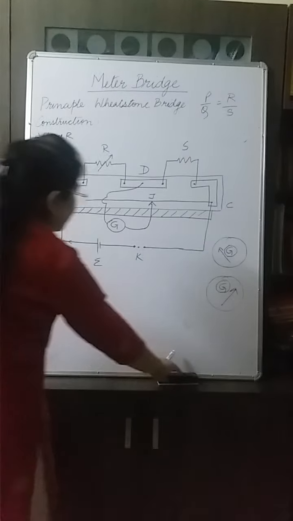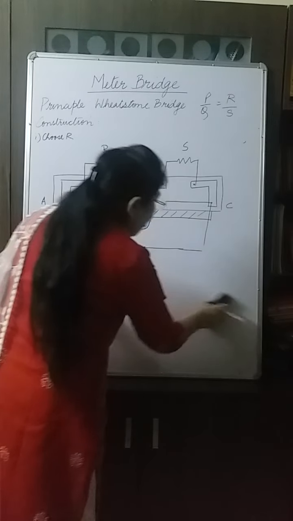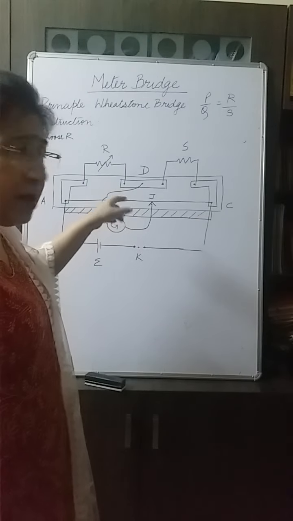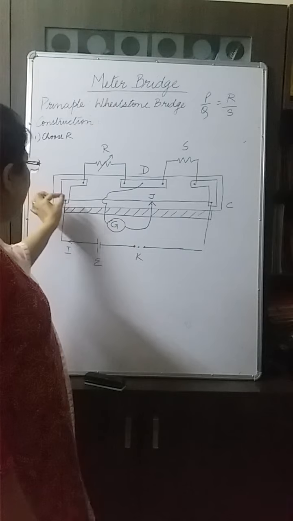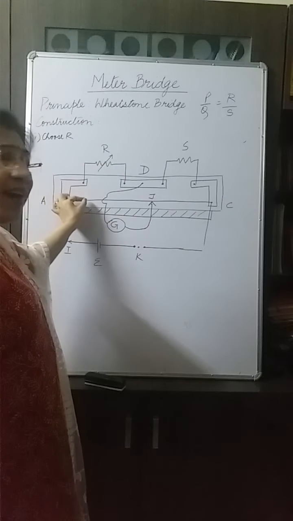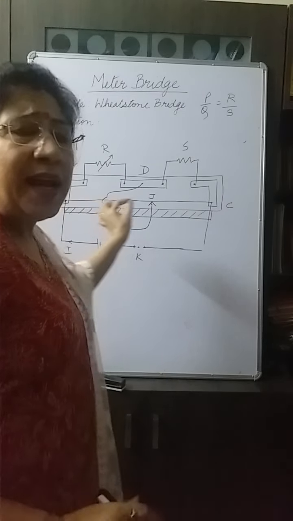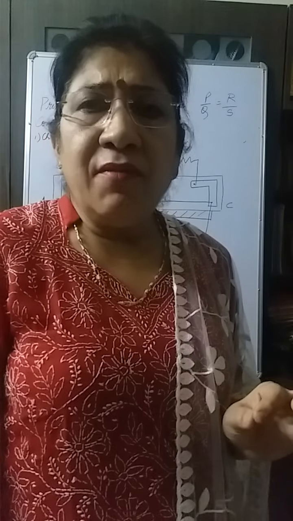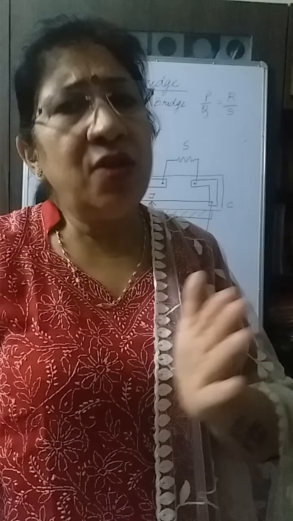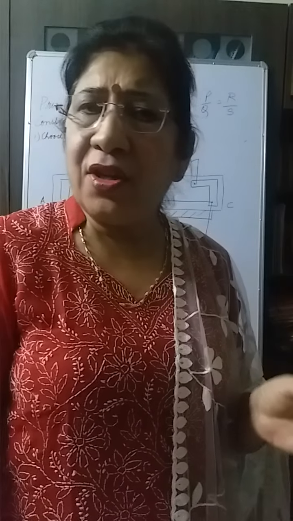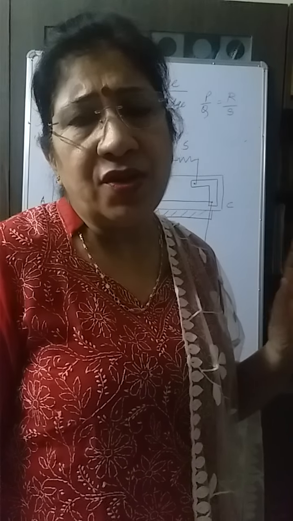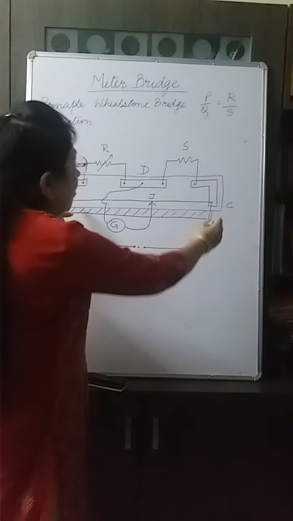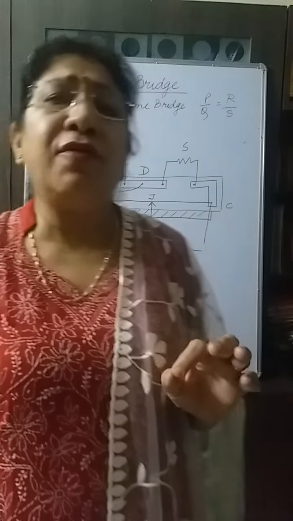So we will start from the end A, pick up the jockey each time and keep touching the wire. We will not slide the jockey. Sliding the jockey is wrong, because with frequent sliding of the jockey, the area of cross section of the wire will change, and we need here a wire having a uniform area of cross section.